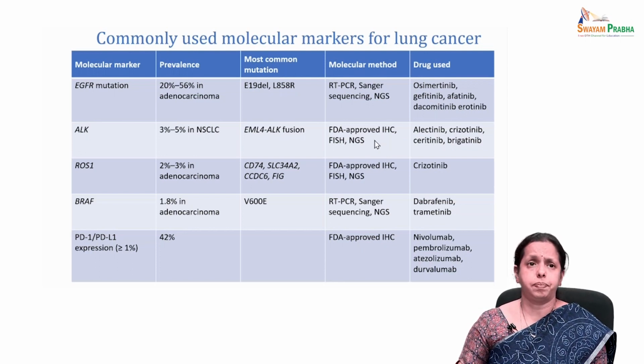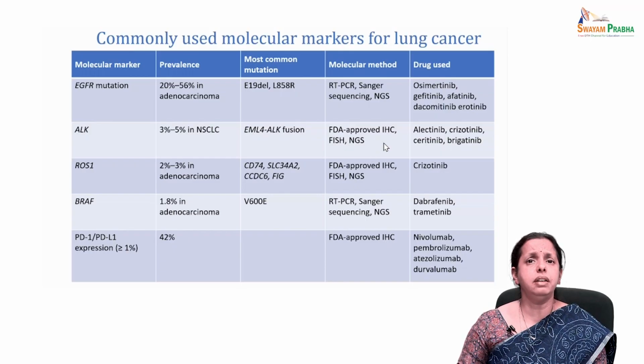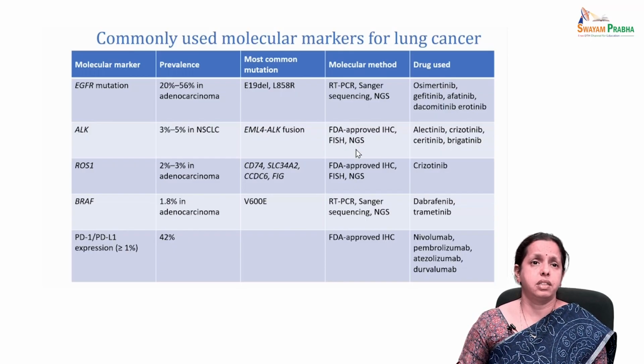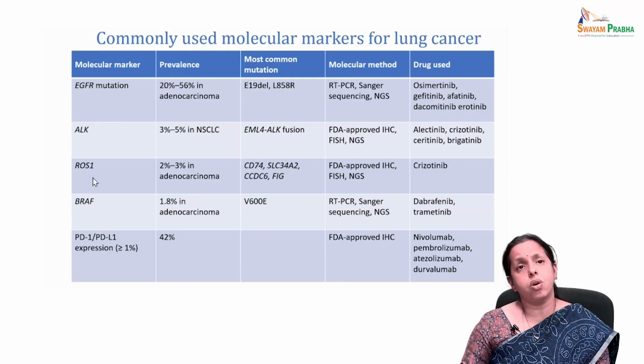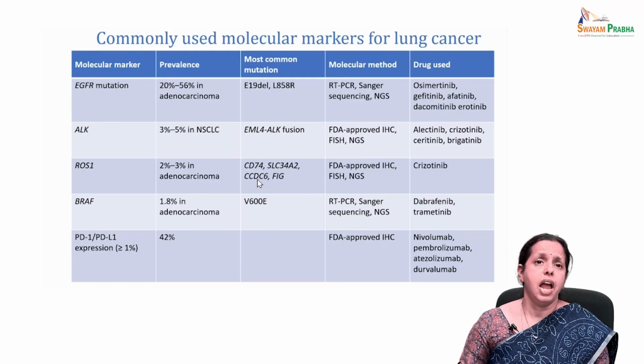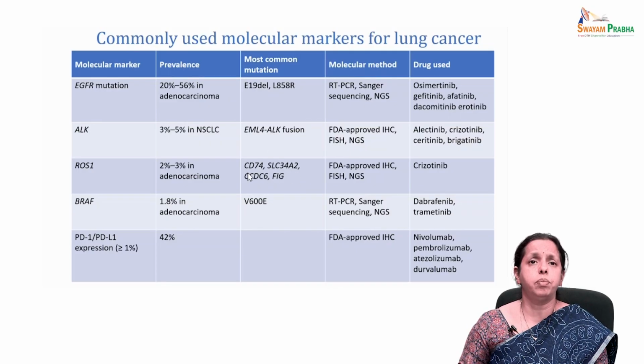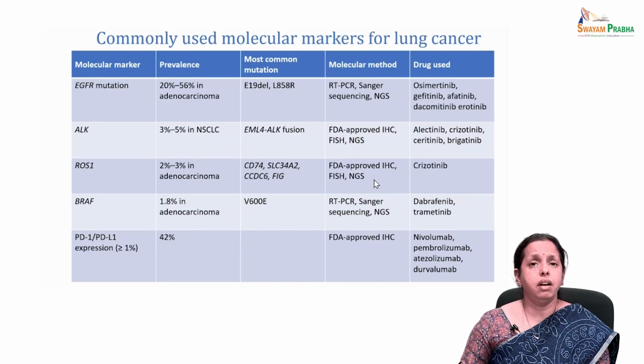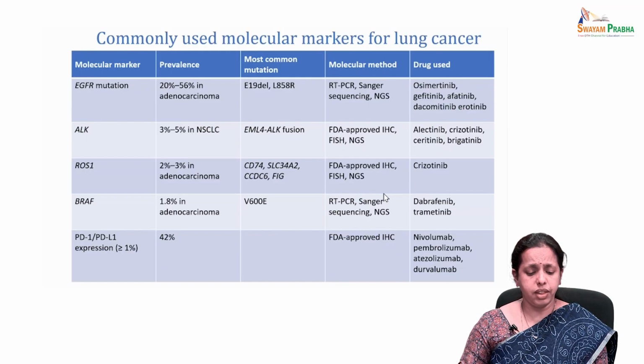These are all approved tests, and then even NGS. Then ROS is also prevalent in 2 to 3% of adenocarcinoma patients, and apart from RT-PCR, you even have IHC.